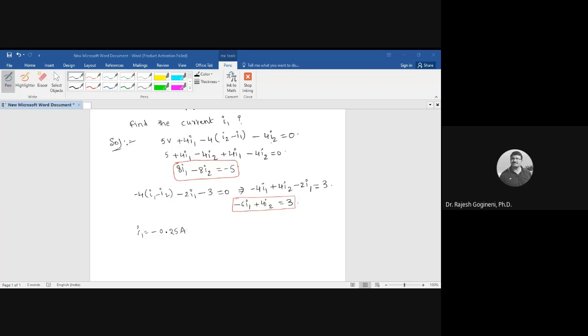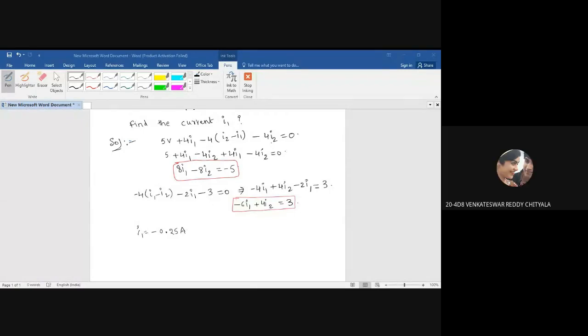Same answer. Kiriti, you got the answer? Yes, right. Venkateshwar Reddy, you got it? Yes, right.